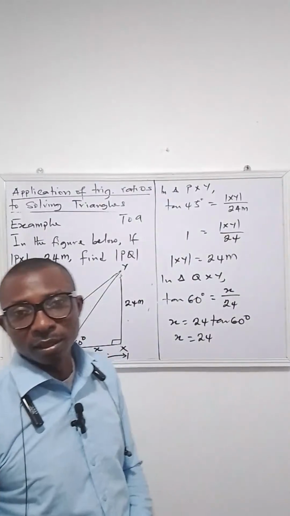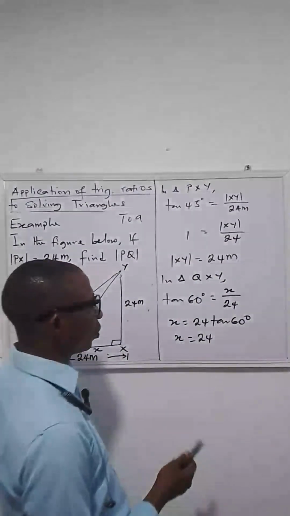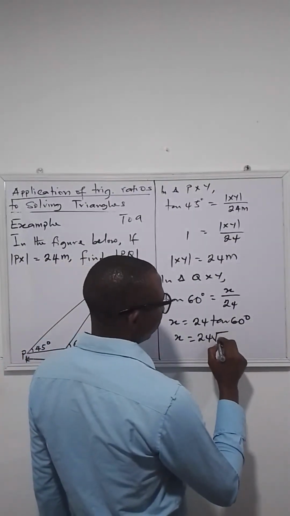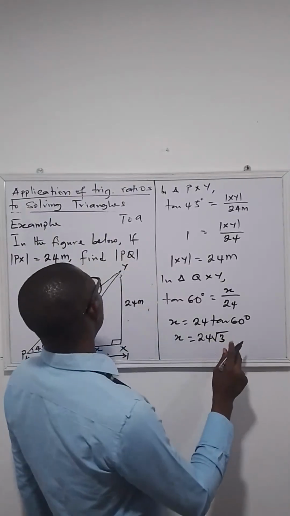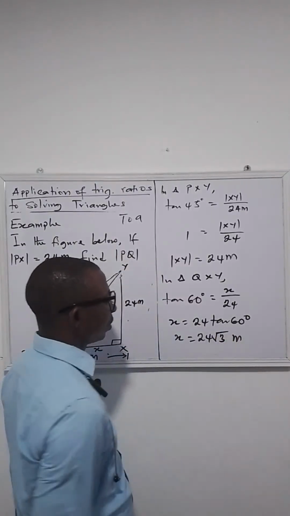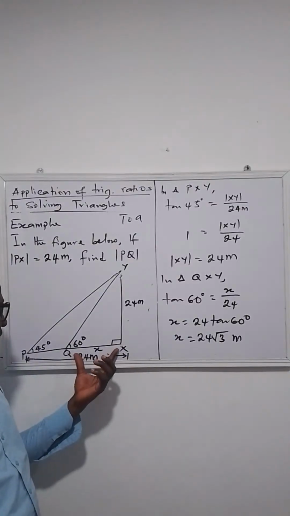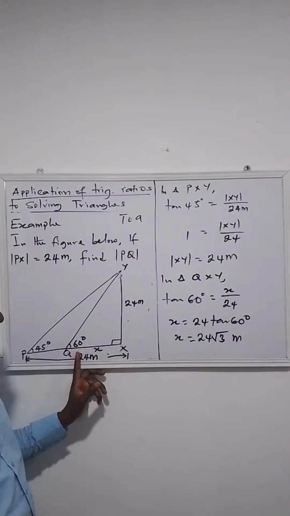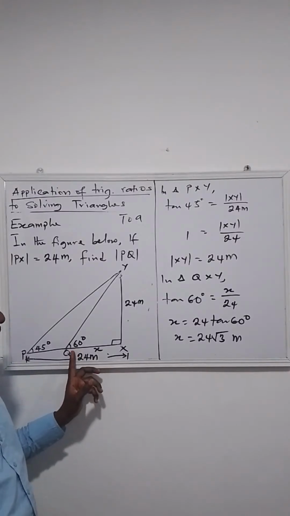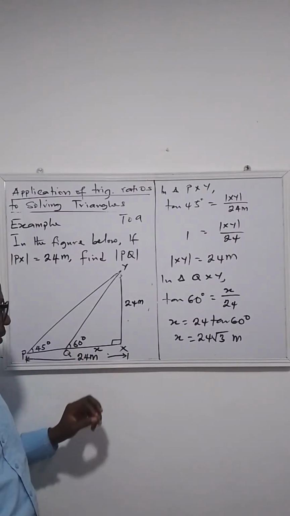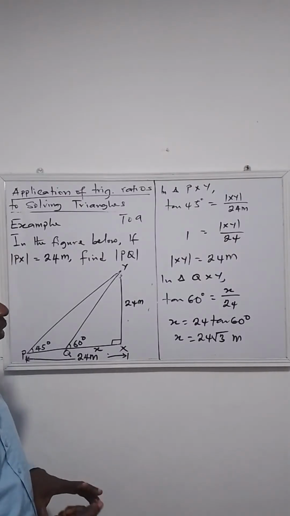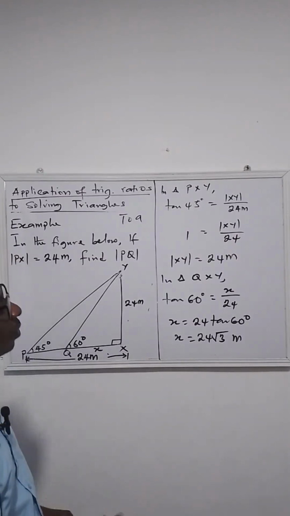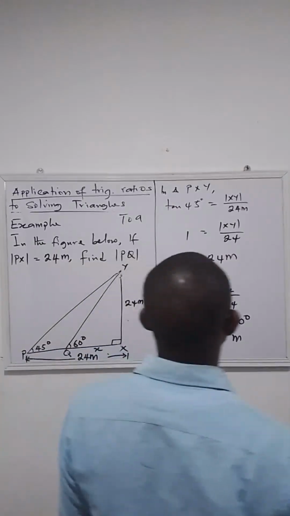Yes, we've done that today. So that means this place is 24 times square root of 3 meters. Okay, all right. So now let's move on.